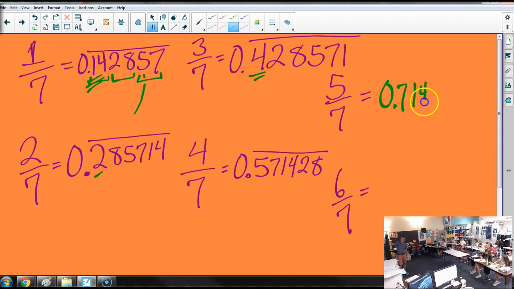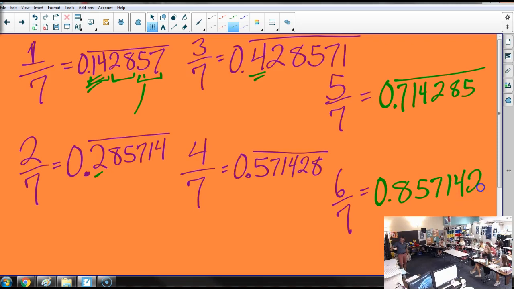Right, so 7, 1, 4, 2, 8, 5. All of those 6 digits repeat. So down here, what's the only digit we haven't started with? 8. So 0.8. How cool is that? That's cool.